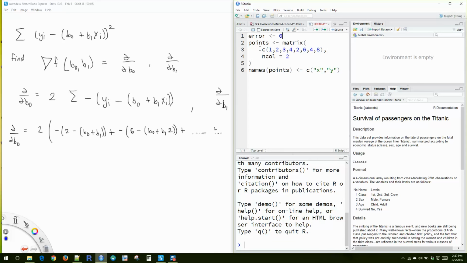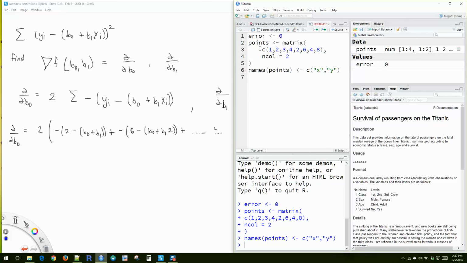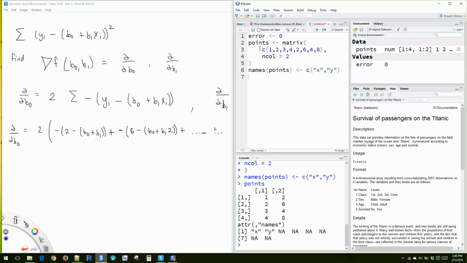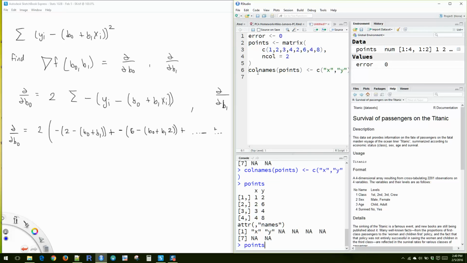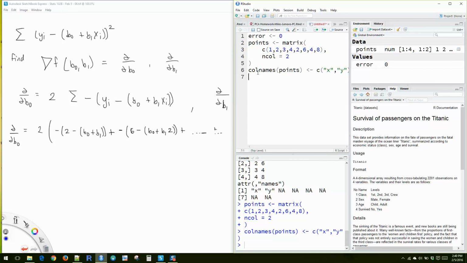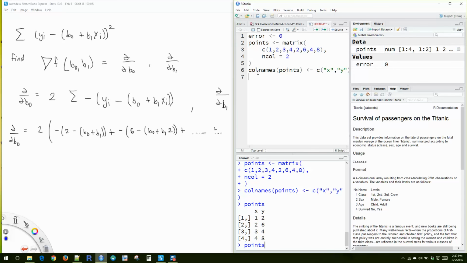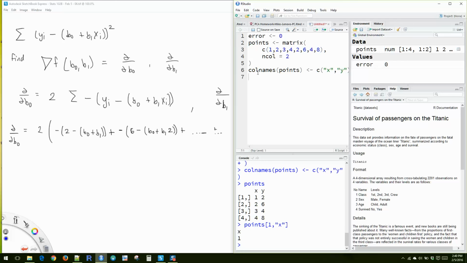Let me make sure this is entering here. I need to use column names. Okay, so now I can do points[1, x], and good.